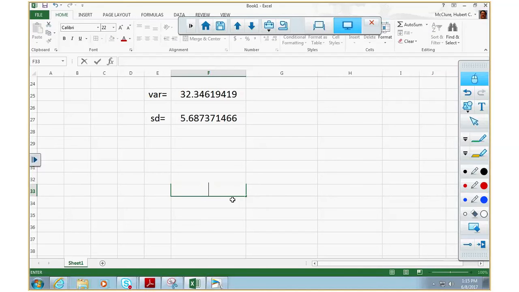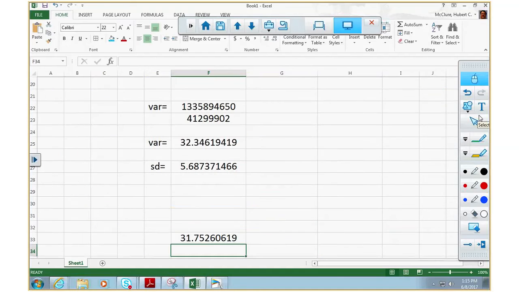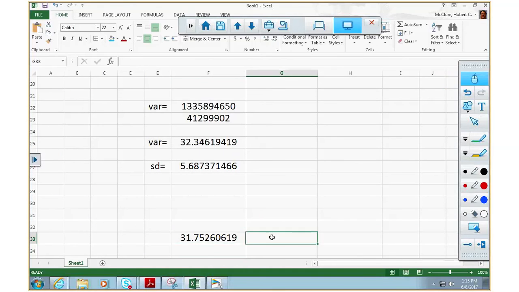Our mean is equal to that number. This plus the standard deviation, F4, and I'm just going to carry it to 3. That's 1, 2, 3.